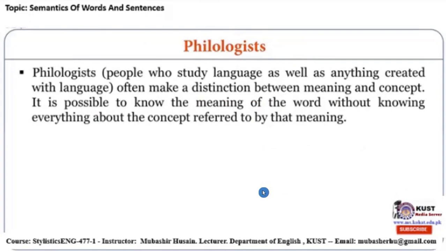Do you know who philologists are? Philologists are people who study language as well as anything created with language. They often make a distinction between meaning and concept. It is possible to know the meaning of a word without knowing everything about the concept referred to by that meaning.